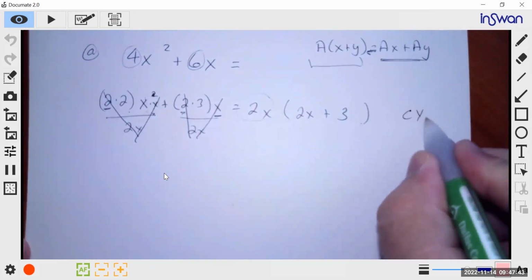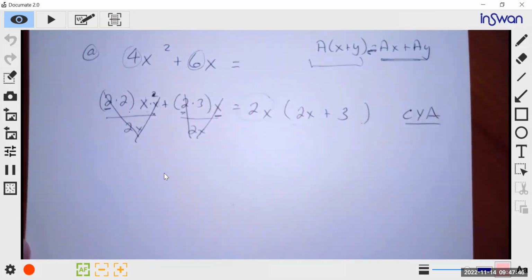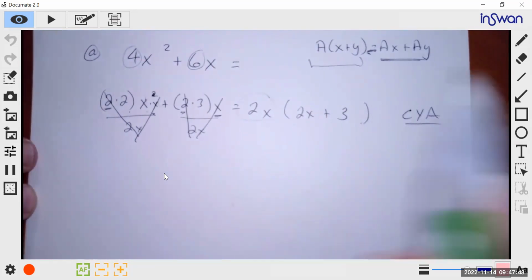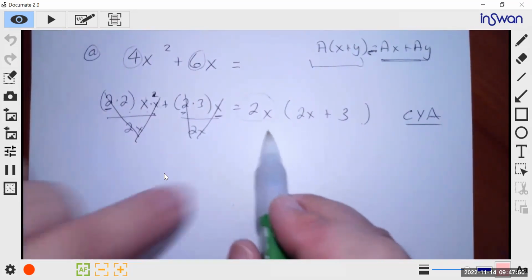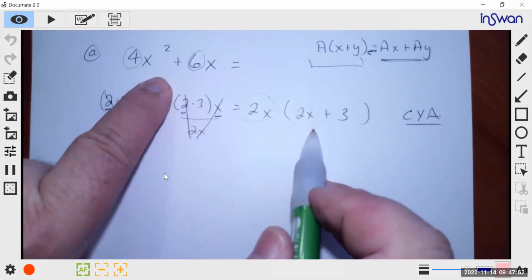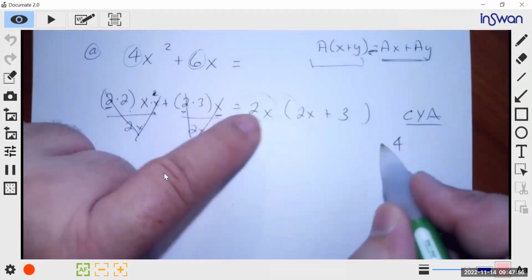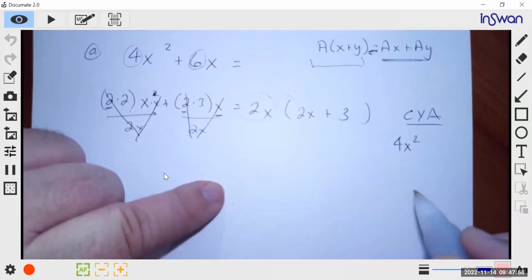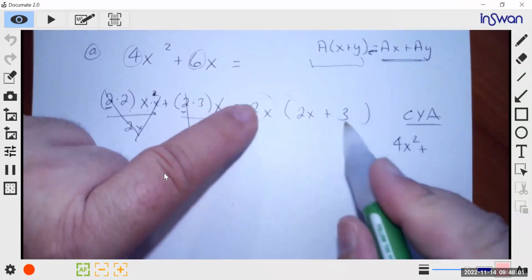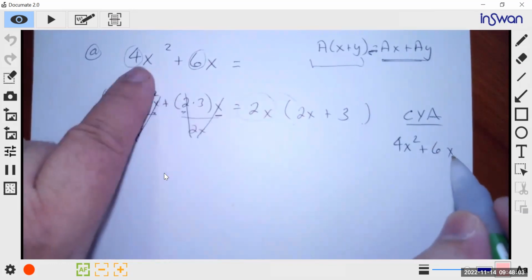And then check your answer. Multiply these together. If you multiply these together, it should come up with that. 2 times 2 is 4. X times x is x squared. Positive, positive. 2 times 3 is 6. X. Check.